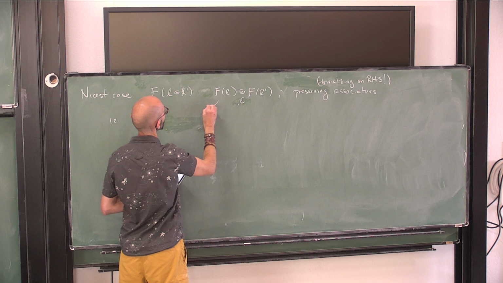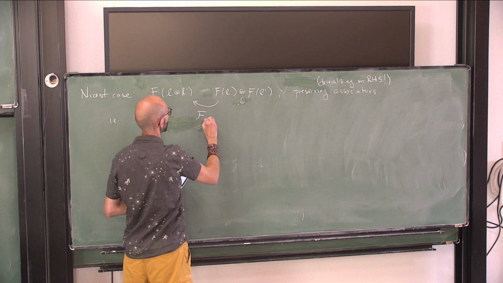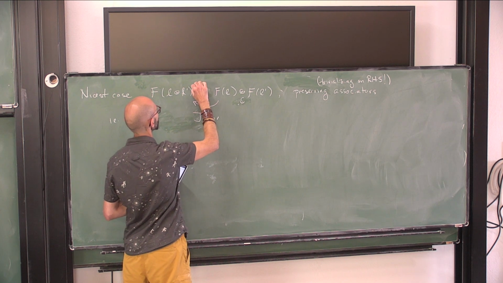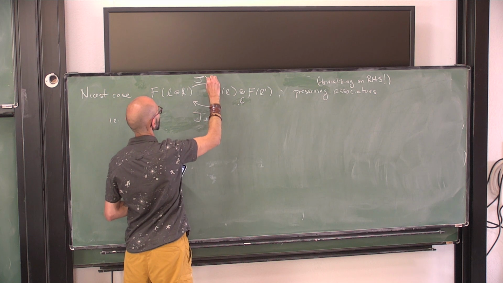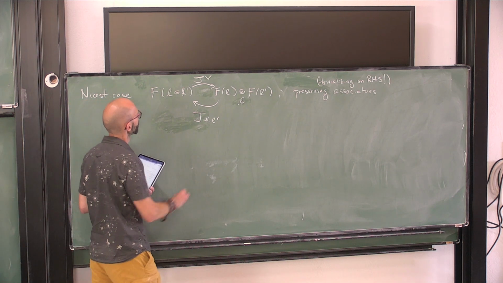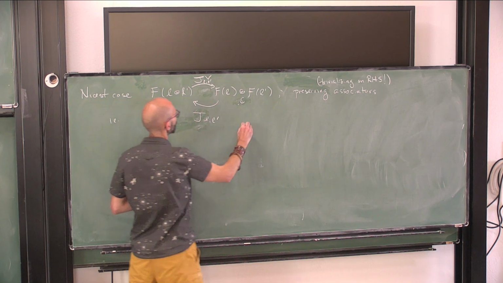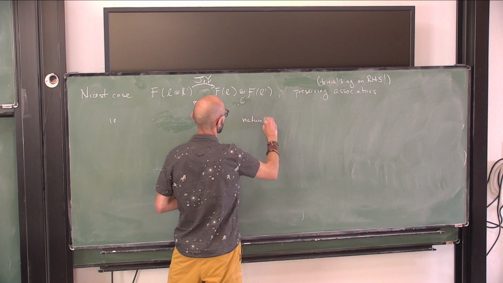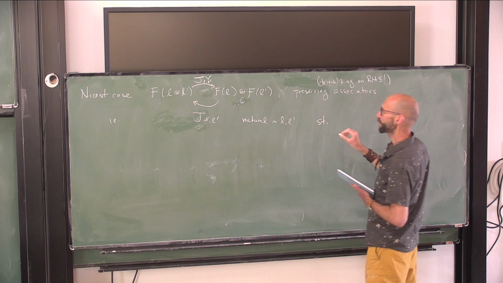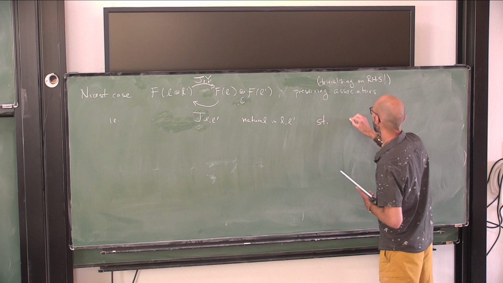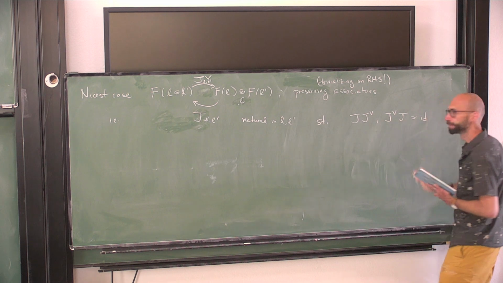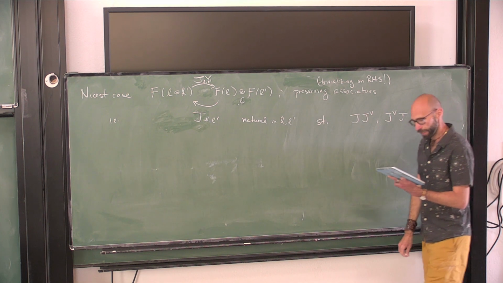So there's a map this way that's often called J, and there's a map this way called J dual or adjoint, such that they're inverses of each other.